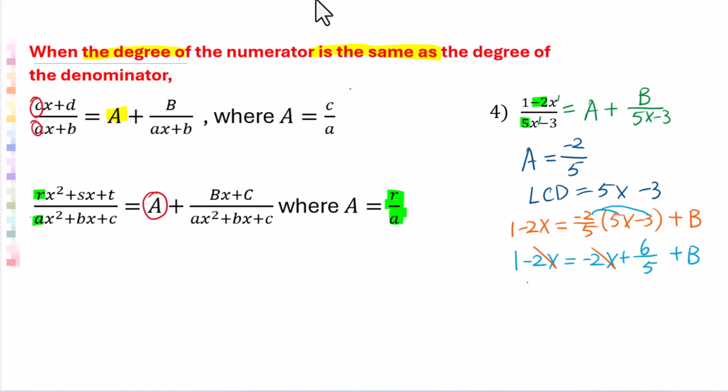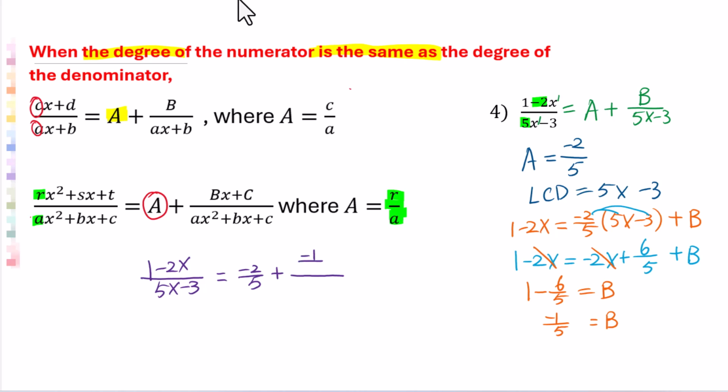Simplify. 1 minus 6 over 5 equals b. b equals negative 1 over 5. So we got 1 minus 2x over 5x minus 3 equals negative 2 over 5 plus b, which is negative 1 over 5, over 5x minus 3.